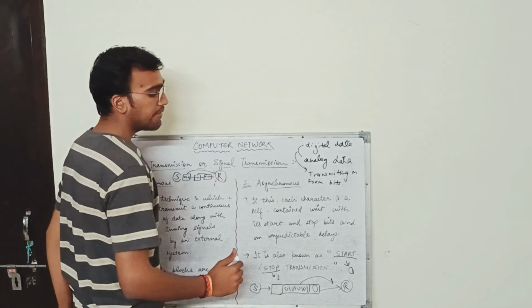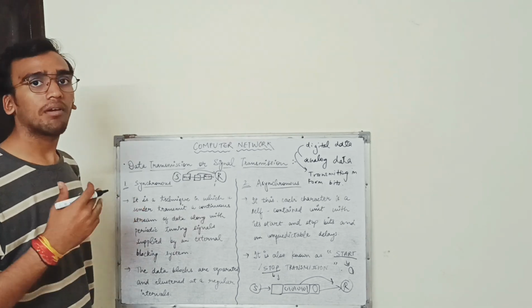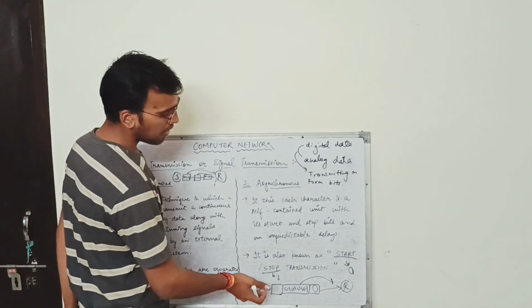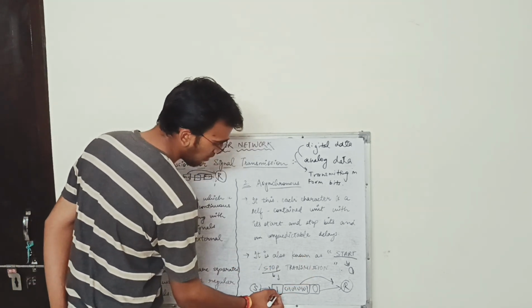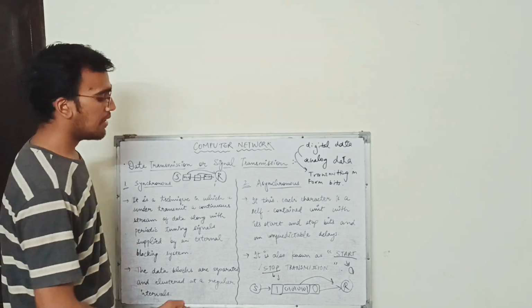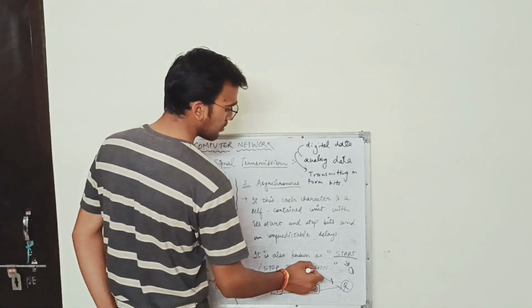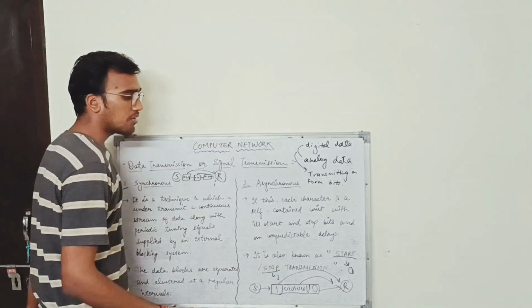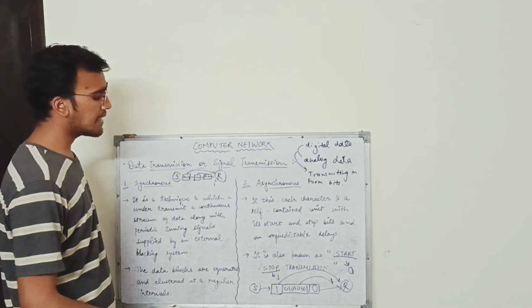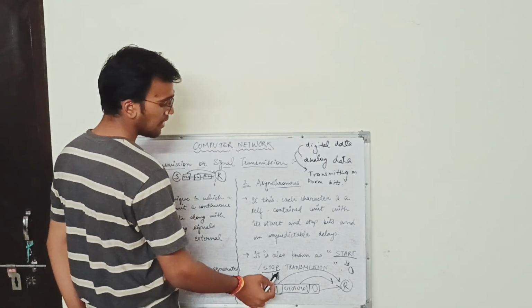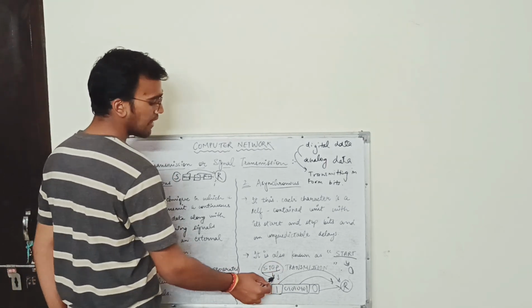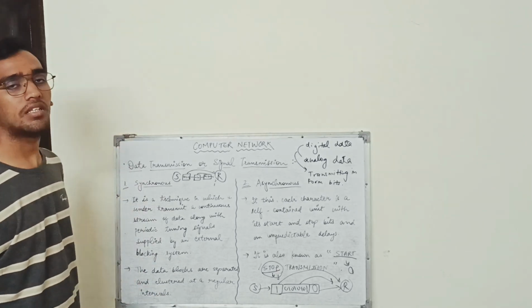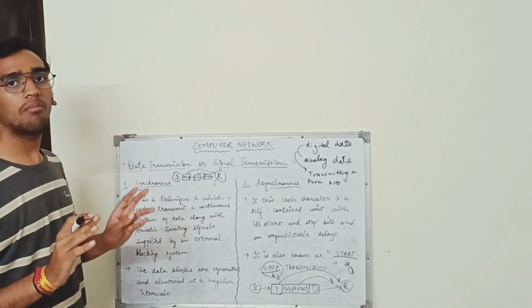When the data is completely transferred, it sends stop by putting 1 in that block, and the 1 goes to the receiver. The receiver understands that 1 means it has to stop the data transmission, as the data is now completed.